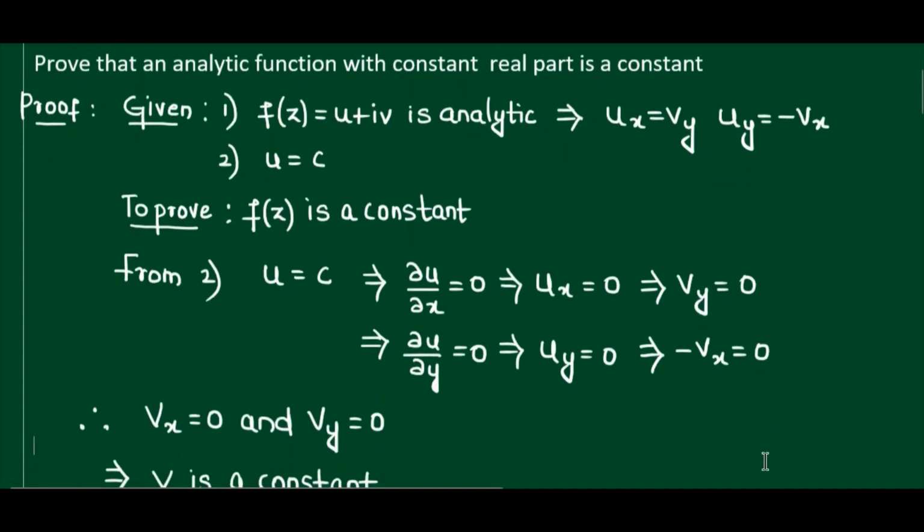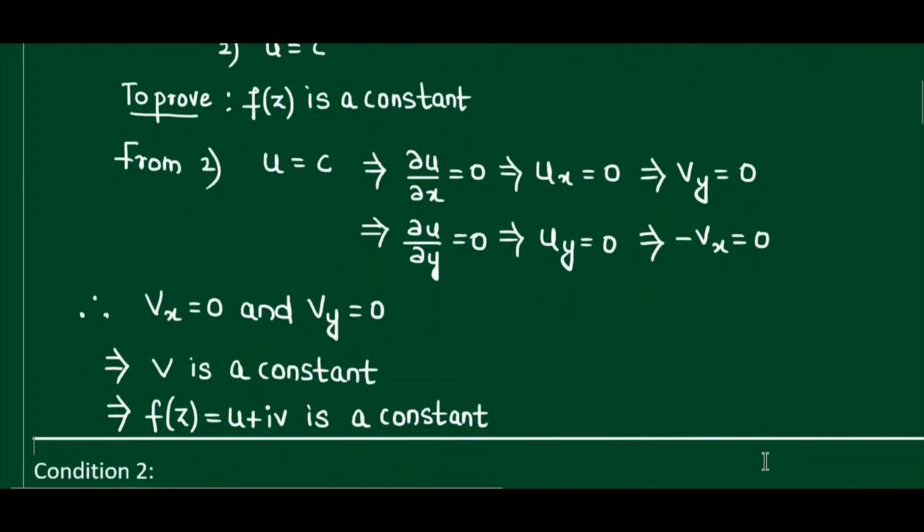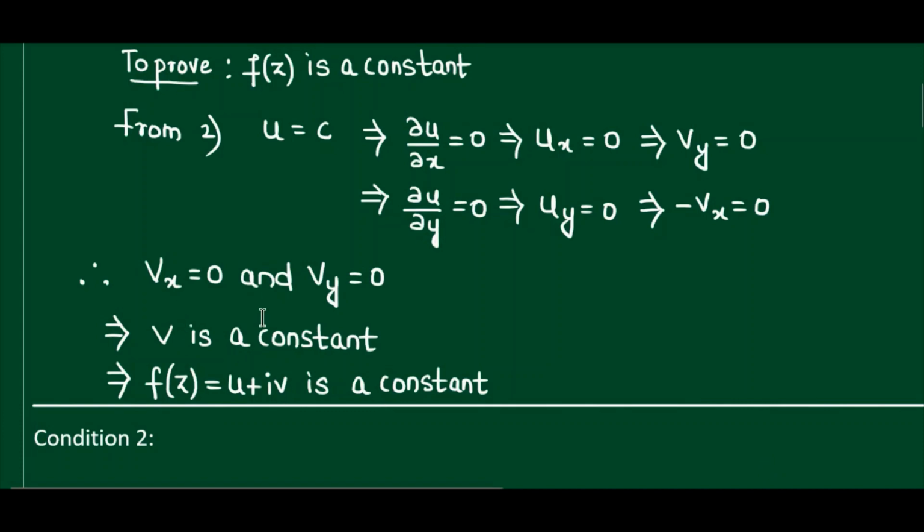Thus we have obtained vx is 0 and vy is 0. Therefore this happens only when v is a constant. Only when we have a constant function, the first order derivative with respect to x and y will be 0, and f of z equal to u plus iv is a constant, because u is a constant and also v is a constant, therefore its sum is also constant.